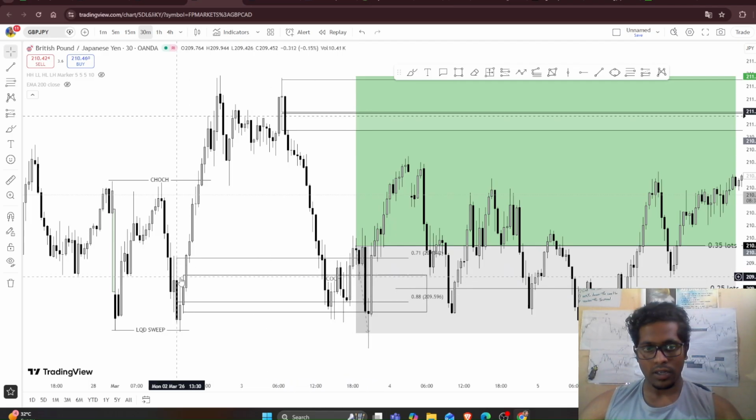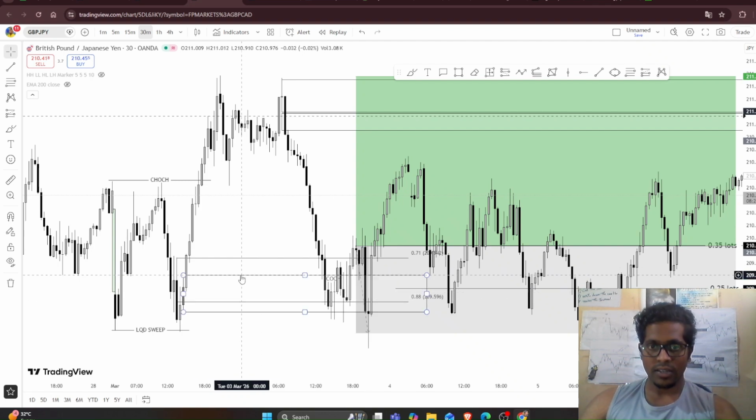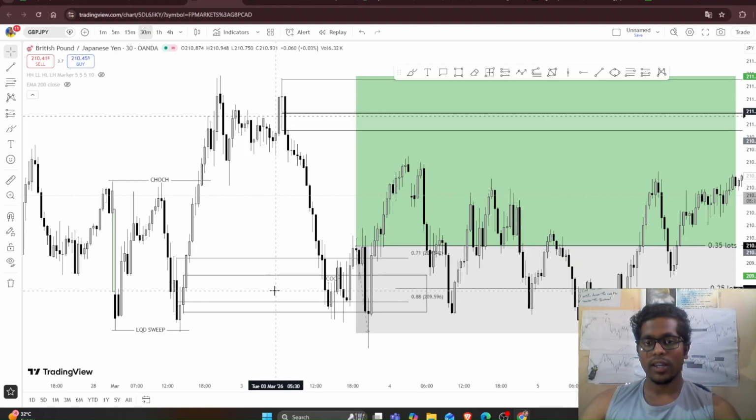We found our demand area over here. We had a fair value gap as well, a demand area as well. When it came to our demand area, we found a bullish candle. With the bullish candle, I took a trade of 0.25 lots, risking $100 to $50.